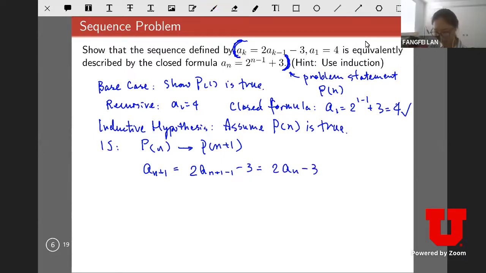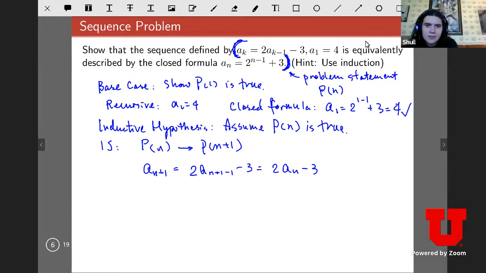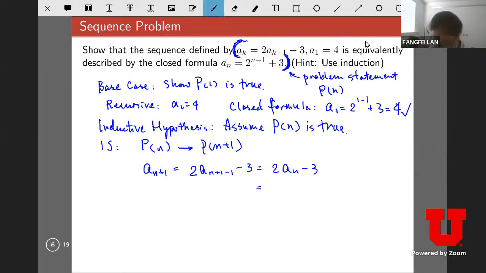So what do we know about A(n)? What do we do now? Because we assumed P(n), we know that A(n) can also be equivalently described by 2 to the n minus 1 plus 3. Great. So substituting in A(n), we get 2 times (2 to the n minus 1 plus 3) minus 3.